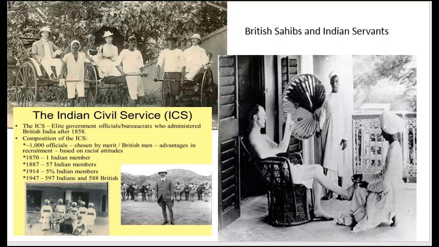The British set up a lot of schools to train Indian administrators, but in the end, no matter how high up and how educated local Indians became within the administration, they were always second-class citizens. They were always second-class people within their own country. The British created a system of advantage for their own colonial administrators.